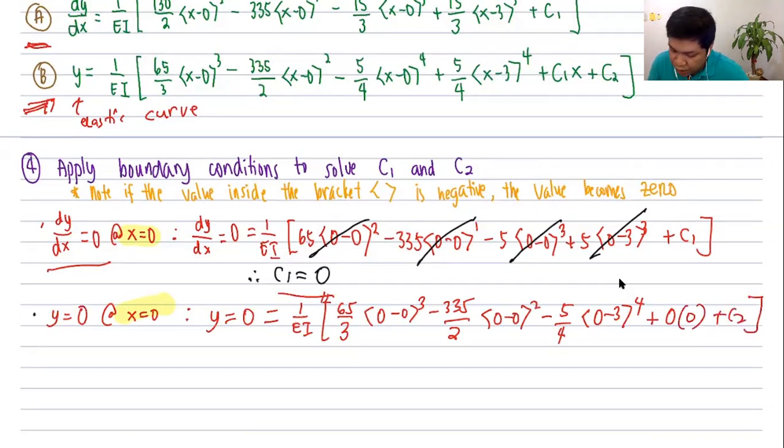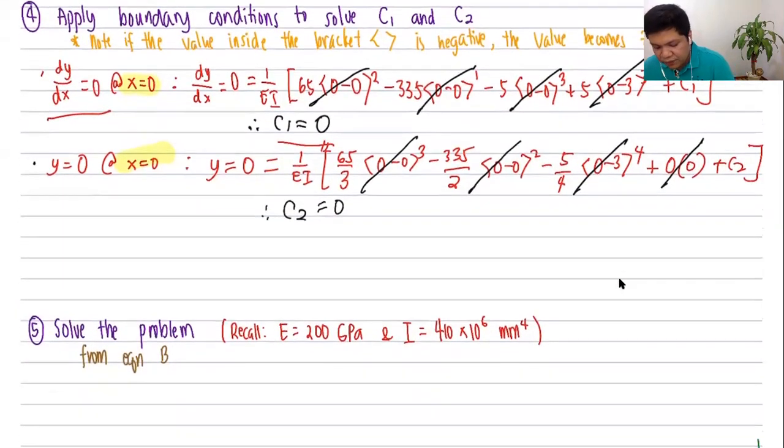Therefore, 0 minus 0 cancel, 0 minus 3 cancel, 0 times 0 cancel, so C2 is now equal to 0 also.